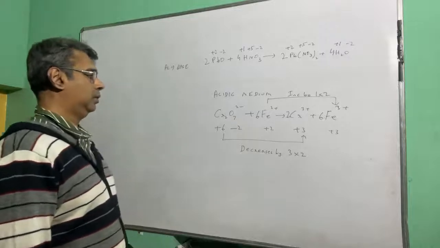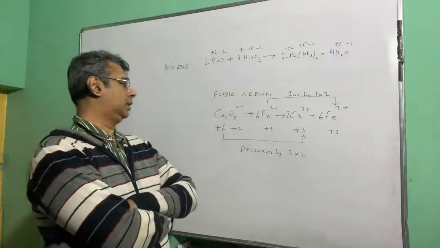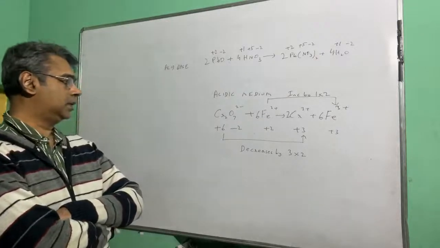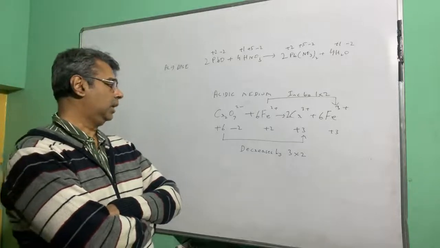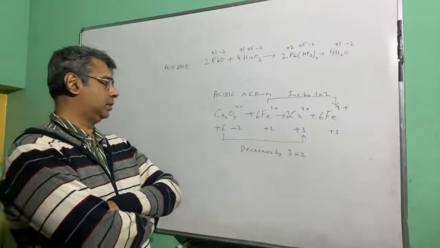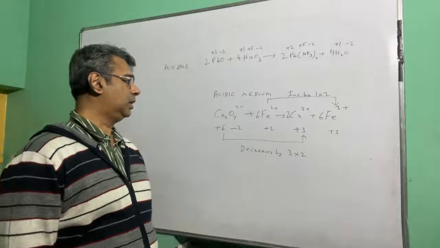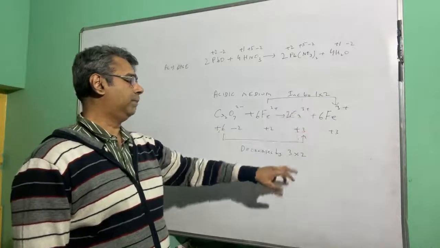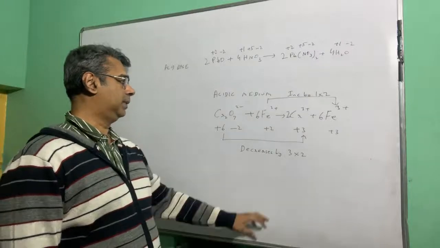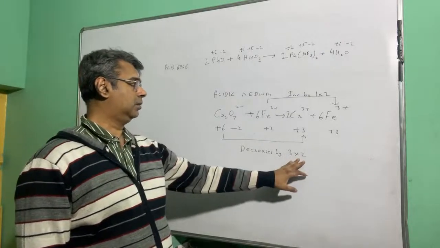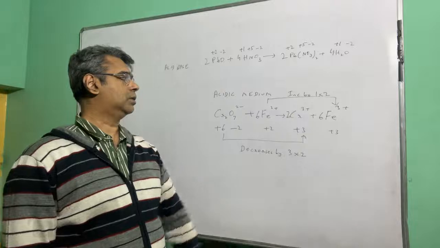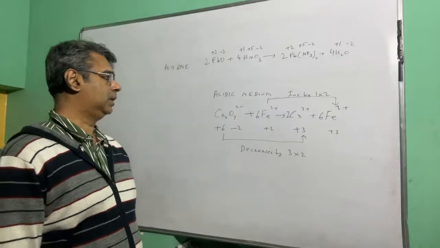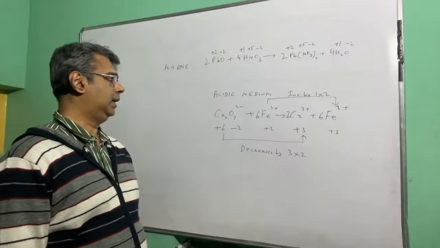So once again I am repeating, the chromium, the decrease is 3, but there are two chromiums, so the total decrease is 3 2s are 6, and iron the increase is 1. So because you are multiplying this with 6, so here also you have to multiply it with 2, right?